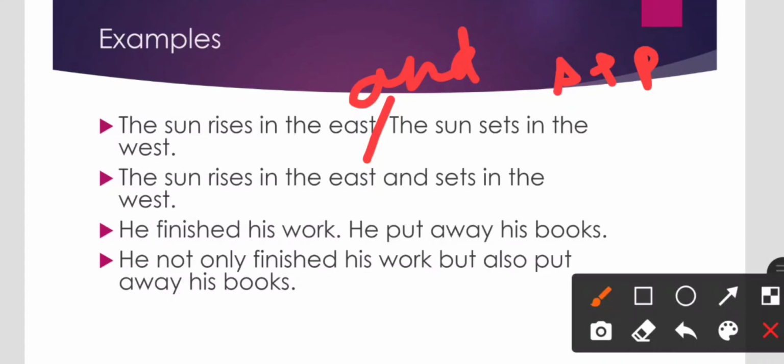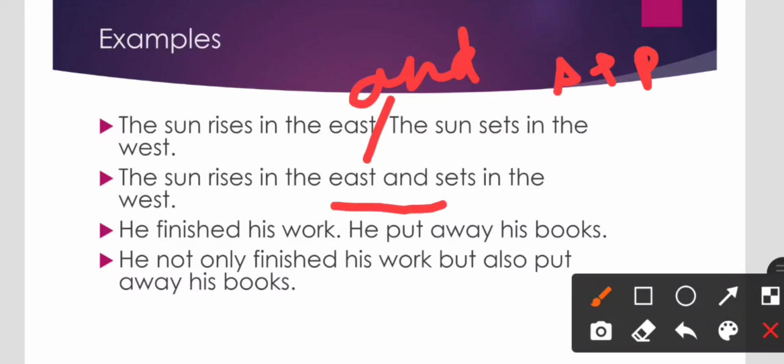Compound sentences have two subjects or more than two subjects, or two predicates or more than two predicates. It depends on the sentences. In a simple sentence we have one subject and one predicate, but in complex or compound sentences we have more than one subject and predicate. Remember this. So how will we combine these sentences? The sun rises in the east and sets in the west. So we have used here 'and'.